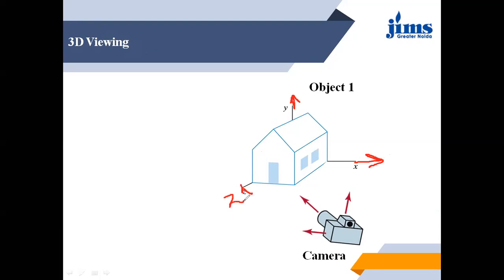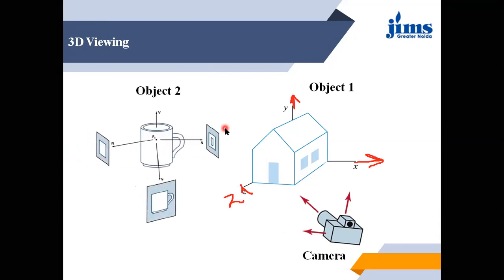For example, I am taking another object. This is object 2, this jar. This jar also has three dimensions.